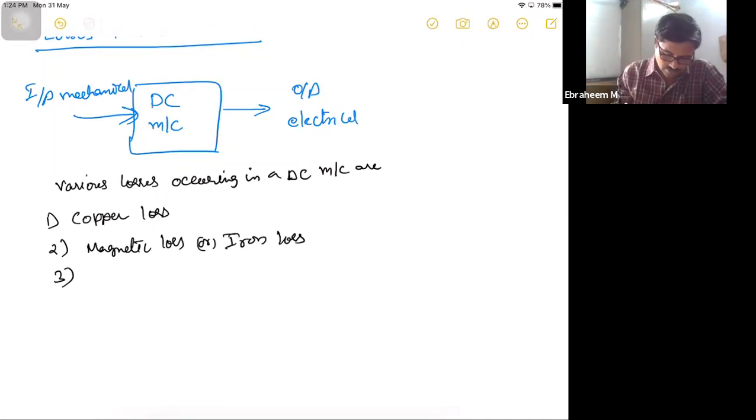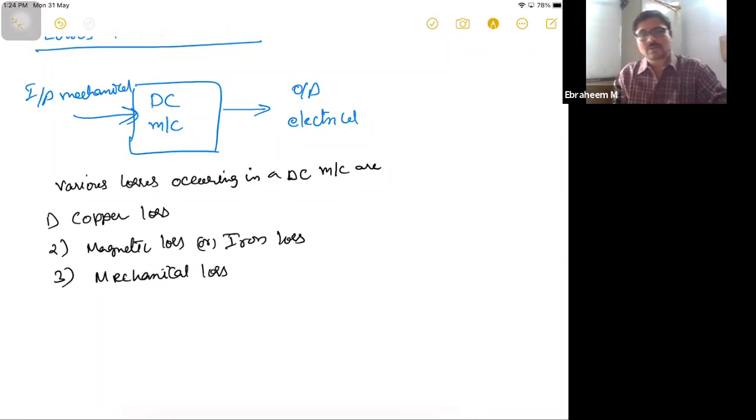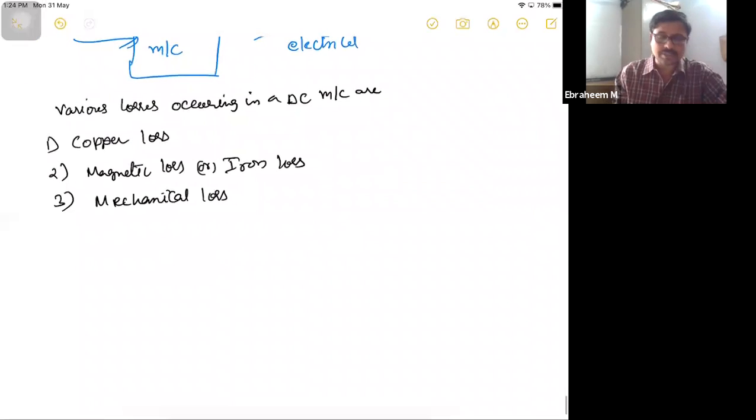Third one is friction or mechanical losses. These are the three types of losses that will occur in a DC machine, whether it is a motor or generator.